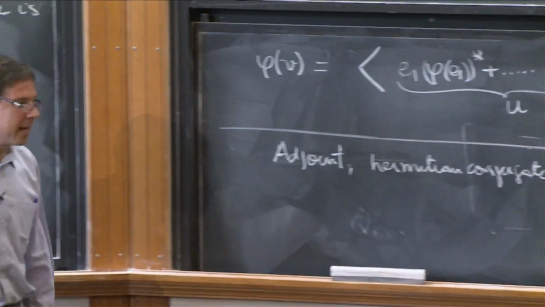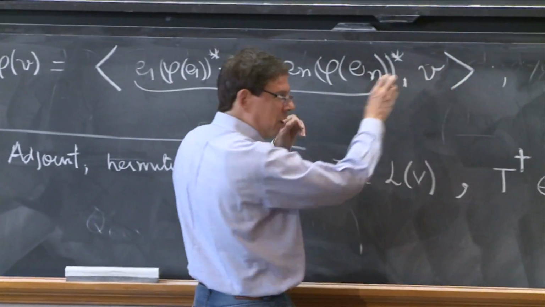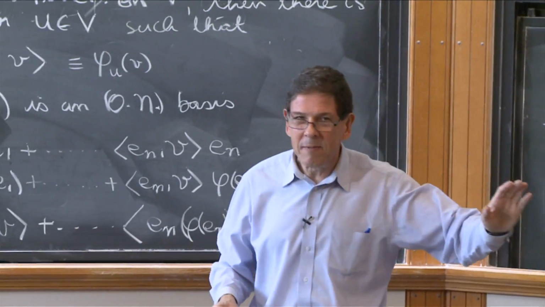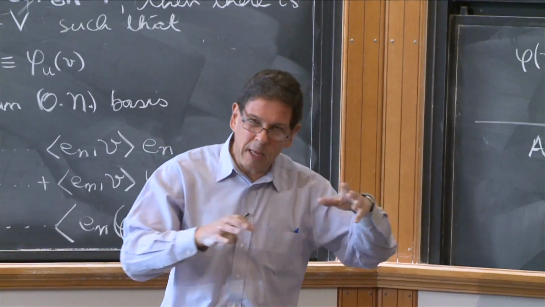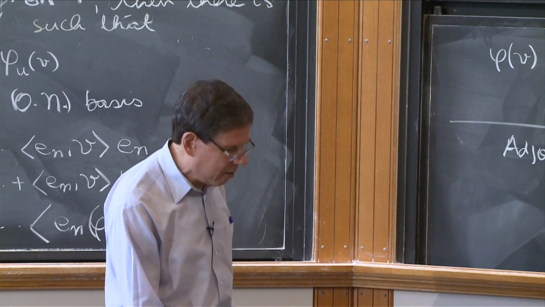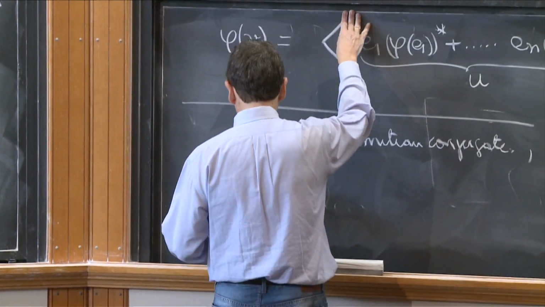We're going to use dagger. And so I will make a definition that will tell you what T dagger is supposed to be, acting on things, but it will not be obvious, at least at first sight, that it's a linear operator. So let's see how this goes.